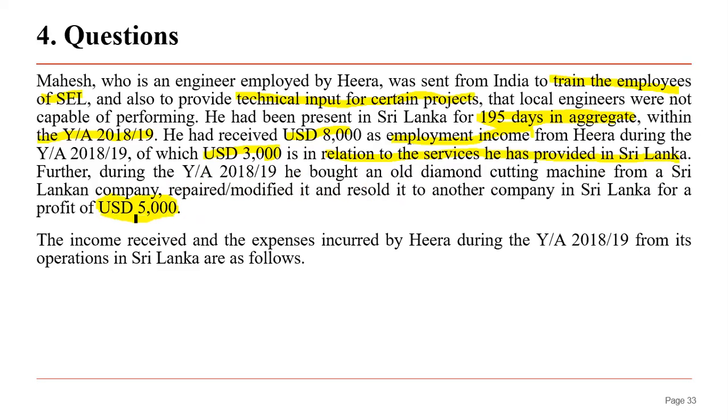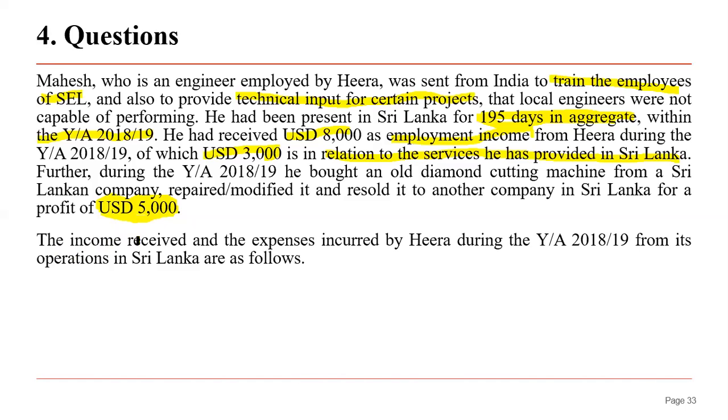That 5,000 he did entirely on his own, as one job separately, without considering that employment income, right? So in an independent status, he purchased an old machine, modified it, and resold it to the Sri Lankan company and made a profit of 5,000 USD.